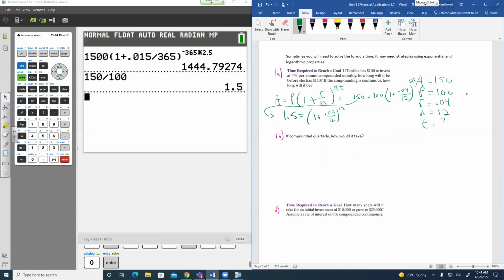I can also go ahead and clean up this 1 plus 0.04 divided by 12. Simplify that a little bit using order of operations. Okay, so that would be that.